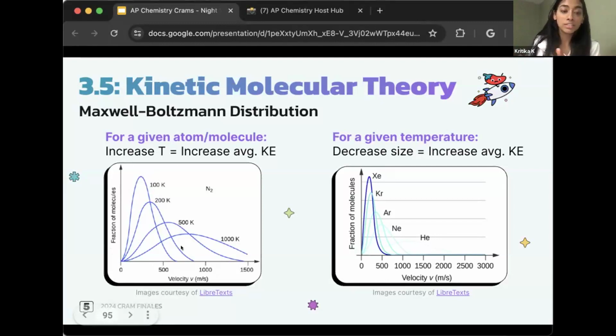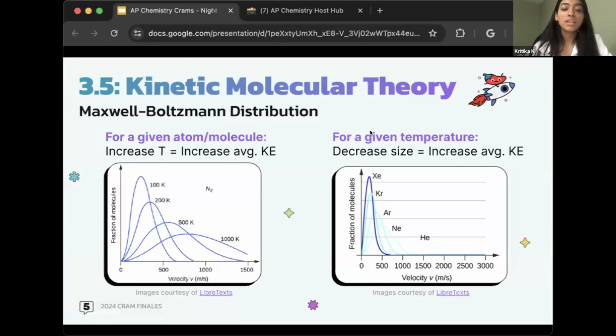Whereas if you increase the temperature to something like 1000 Kelvin, then you'll have a greater fraction of molecules moving at a faster velocity. For example, if you look at the 100K versus 1000K curves, in the 100K curve, there is not a single molecule moving more than 1000 meters per second. Whereas in the 1000 Kelvin curve, you have almost half of them moving at 1000 meters per second or greater.